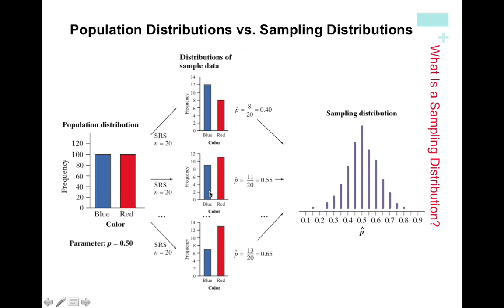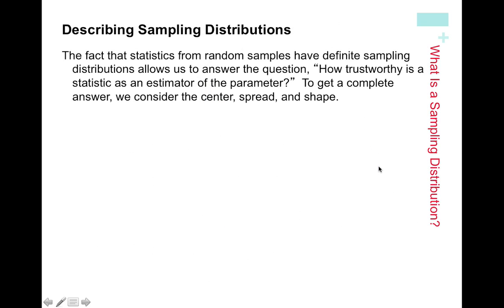So each of these samples was a little bit different, and each produced a different p hat. Sometimes we got the same p hat, and then we plotted those p hats to create the sampling distribution. So we have those three distributions here: this is the population, this is what's happening with the sample, and this is what's happening with the sampling distribution.